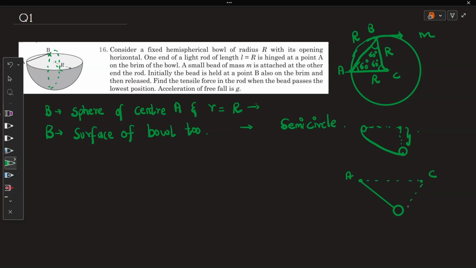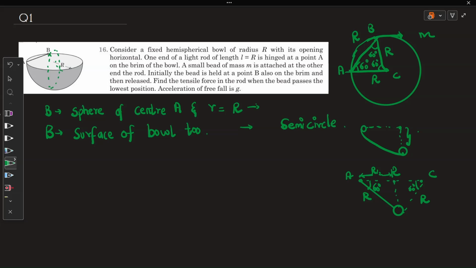Now this is distance r, this is distance r, and this is also distance r. The equilateral triangle remains the same, and this equilateral triangle is simply rotating about the axis AC. That is what is happening in this situation, and this angle is 60 degrees, so this is 60, and this is an equilateral triangle, so this is r by 2 out here.